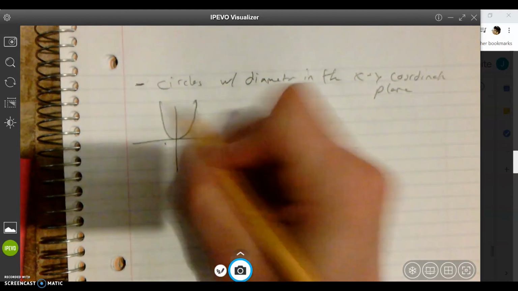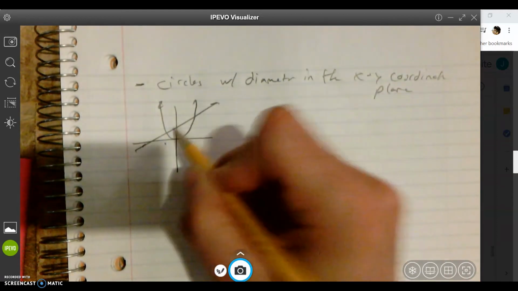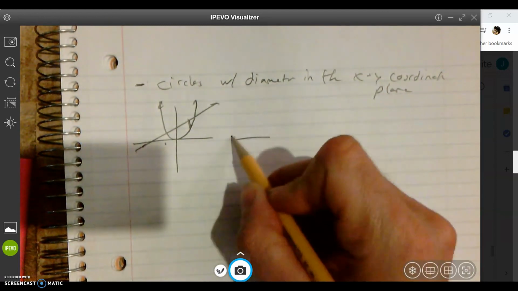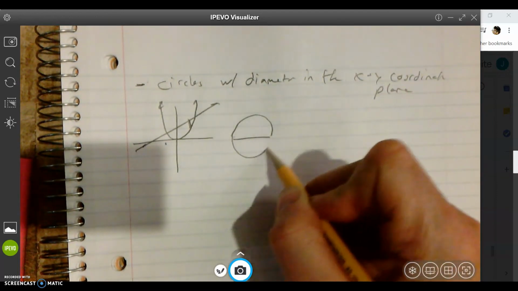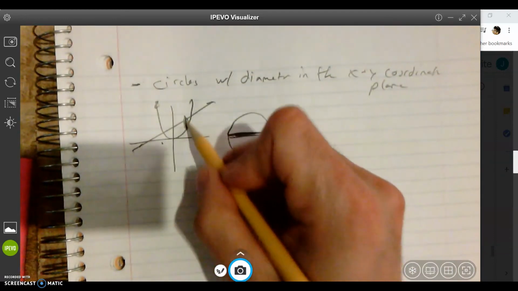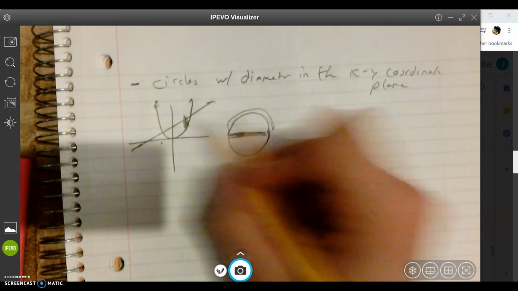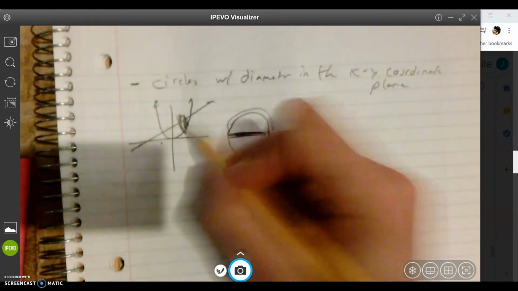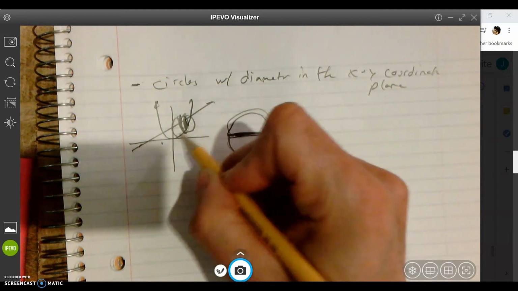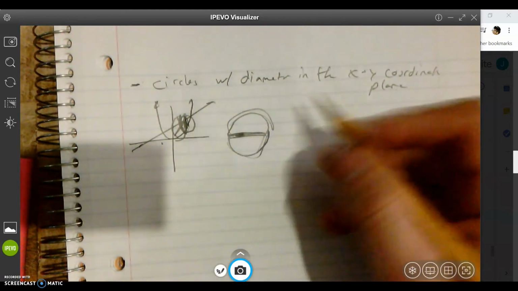So here we're going to have a circle, and the diameter is right here on this plane. So this semicircle is above the plane, and this semicircle on the bottom is below the plane. And you have an infinite amount of those going across.